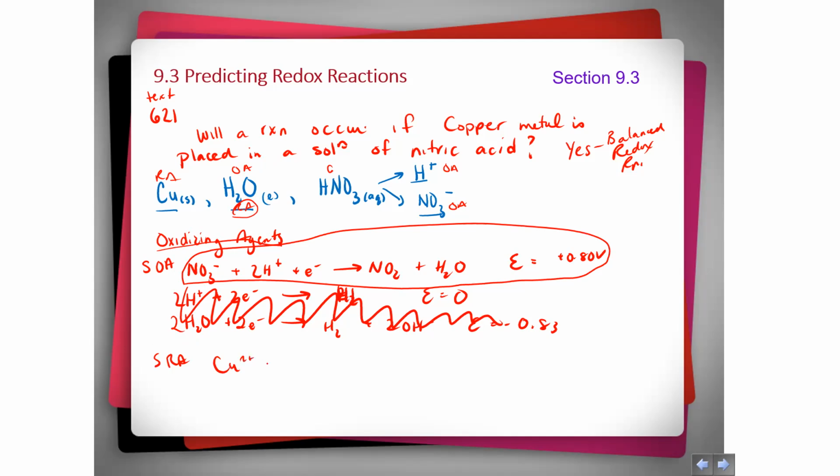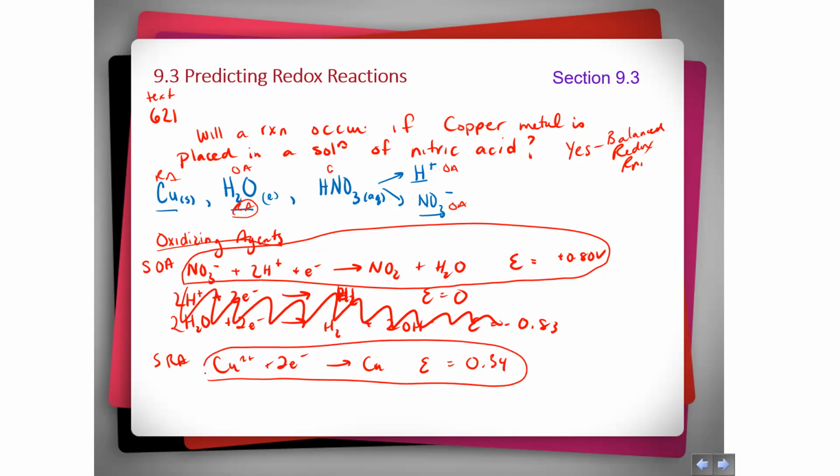Copper goes to copper 2 plus plus 2 electrons. Now these are how the reactions are written, and the electron voltage is 0.34. So this is my strongest reducing agent. Is my strongest oxidizing agent above my strongest reducing agent? Yes. So the reaction is spontaneous.